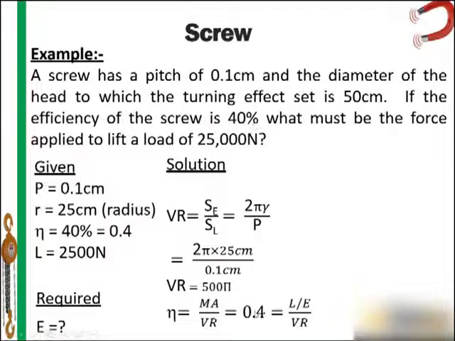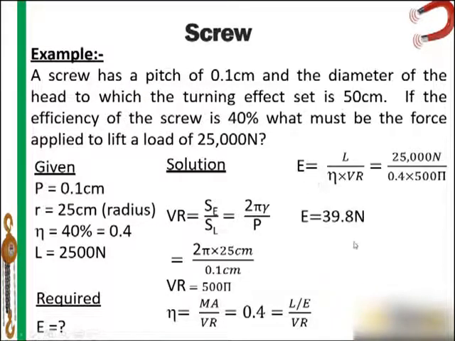So we're just going to write that as not percentage efficiency, but just the efficiency. So we can say the efficiency is equal to the mechanical advantage divided by the velocity ratio. And let's put the efficiency as 0.4. So 0.4 is equal to the mechanical advantage, which we can write as the load divided by the effort, all divided by the velocity ratio.